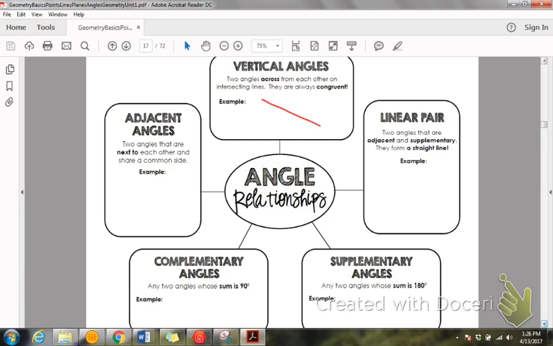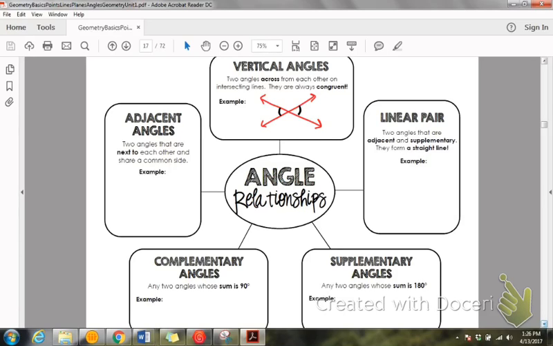So let's draw an example. I have 2 lines that are intersecting. Vertical angles are across from each other, so they make an X. If I'm looking at this example, this angle over here and this angle over here are vertical angles. You see how they're making that X together? Also, do you agree that the top and the bottom are across from each other?